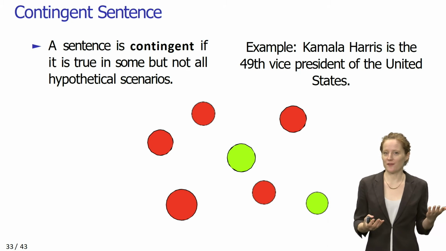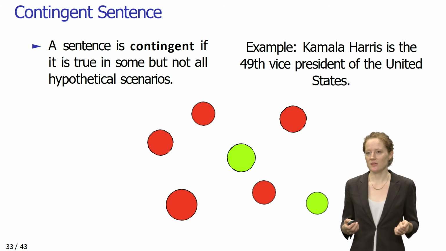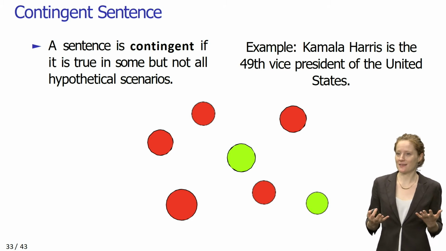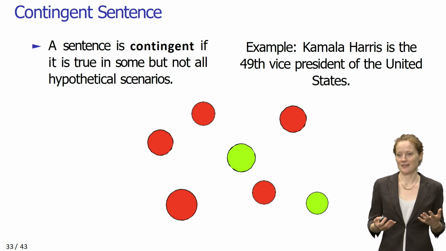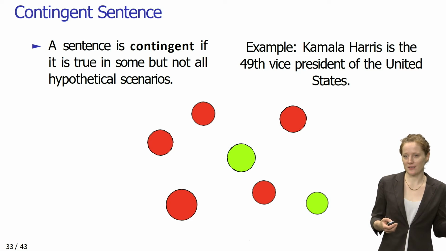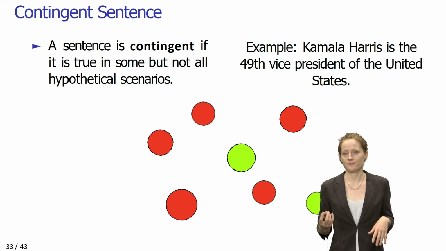It could have turned out false in case Joe Biden had chosen another running mate. So in this picture, I'm representing the fact that this sentence is contingent by coloring some of the hypothetical scenarios red and some of the hypothetical scenarios green.